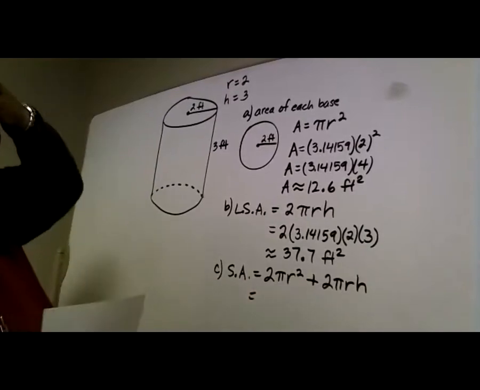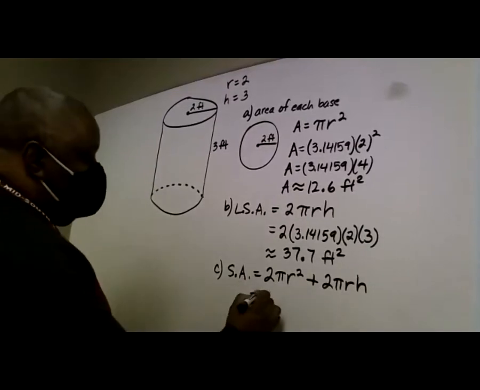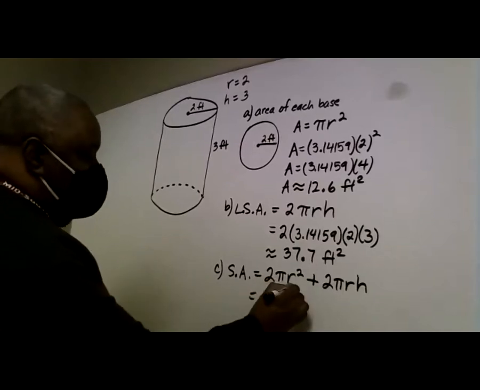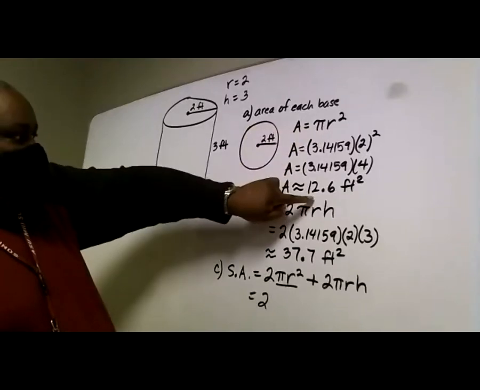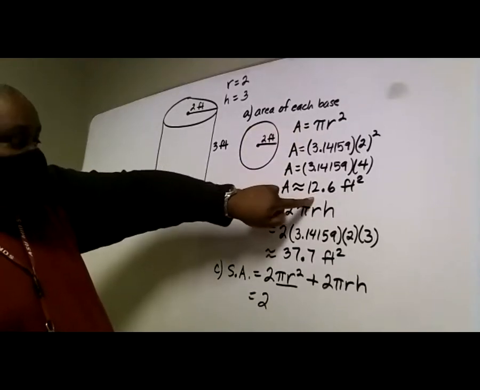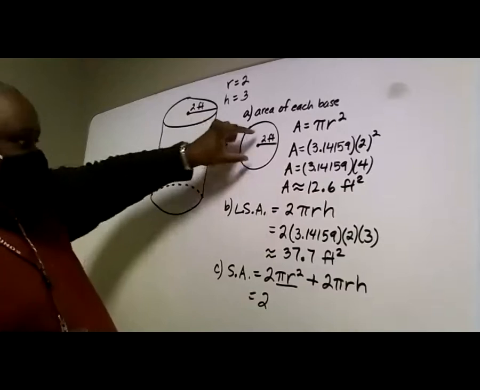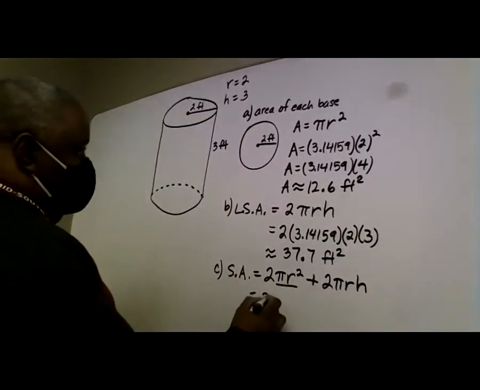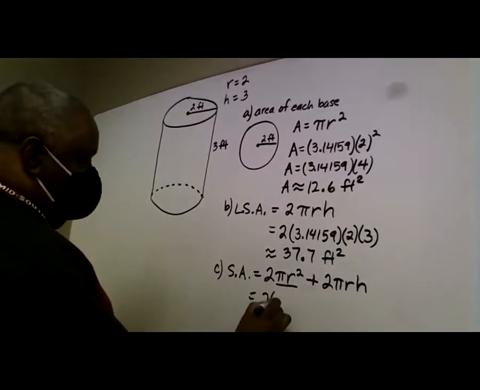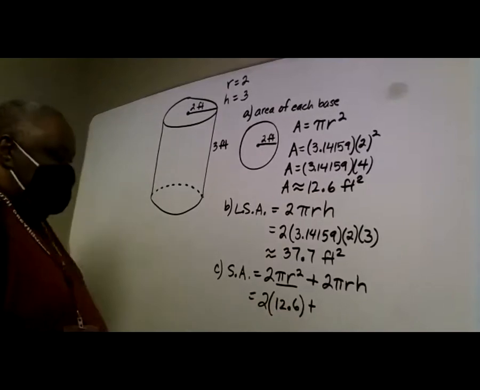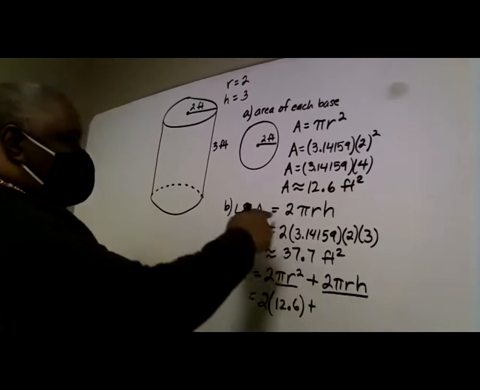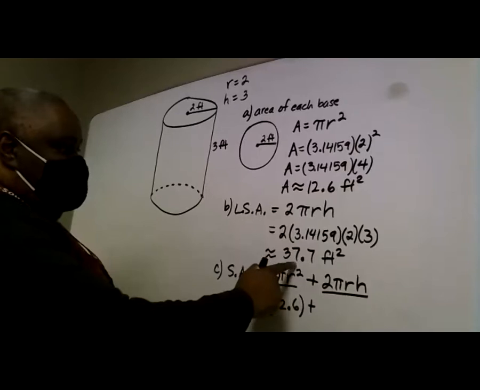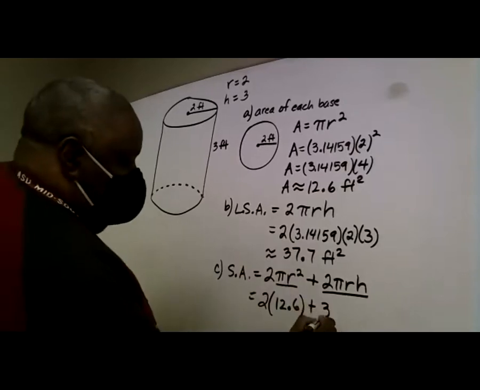All right, so in this case here, I'm gonna write down the 2, but that pi r squared, that's up here. That area for 1 circle is 12.6. But for the 2 circles, we do 2 times 12.6. And then plus 2 pi r h is what we just found in part B. That's 37.7.